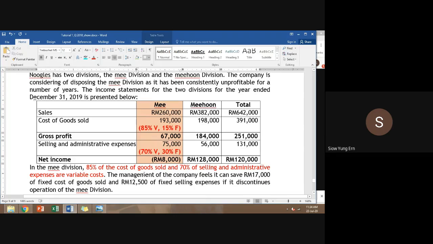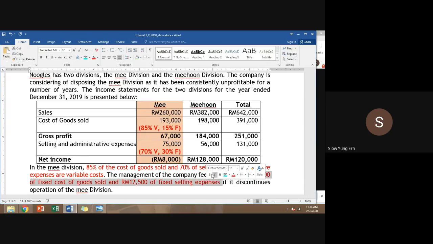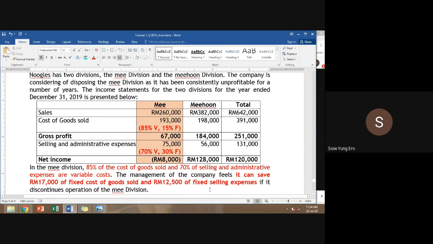So the management of the company feels that it can save 17,000 fixed cost of goods sold and 12,500 fixed selling and admin expenses if they discontinue Mi division.